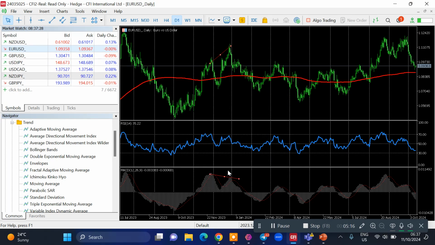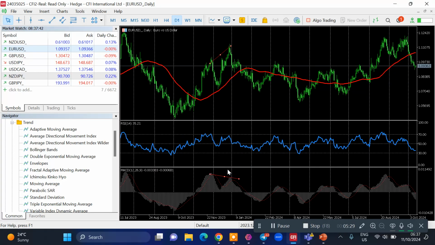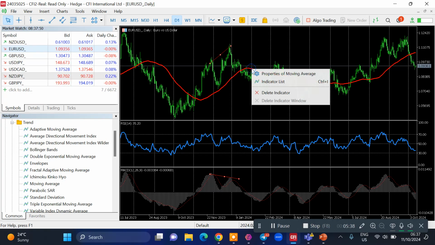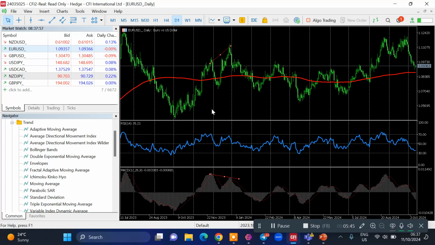So let's set 200 period. It is now giving the average for 200 candles. If you set it for 50, it will give you the average for 50 candles. That way you will be able to know what has been happening within the last 50 candles. Many traders use the 200 to define possible uptrends and downtrends.